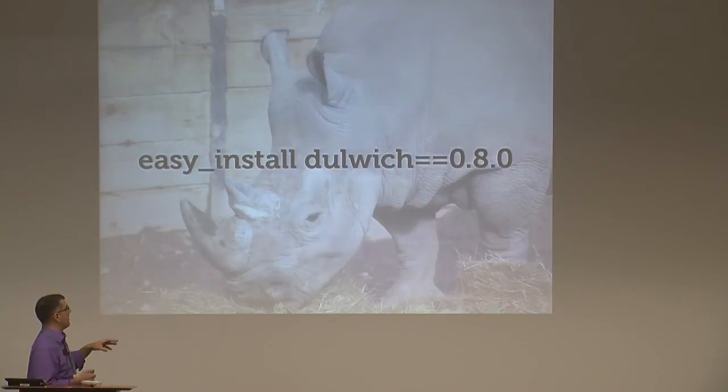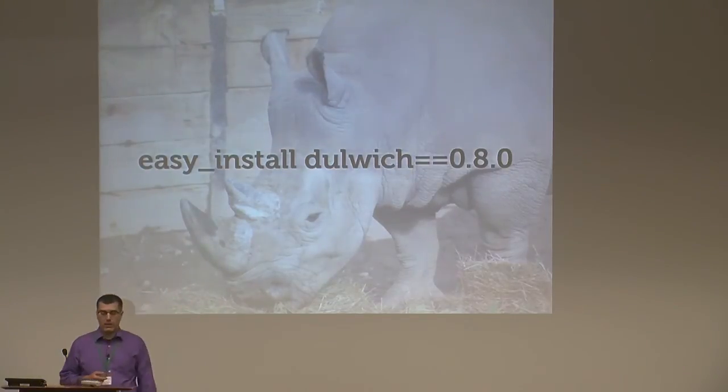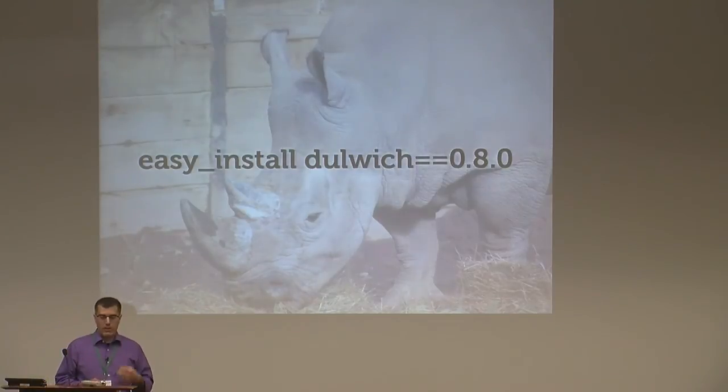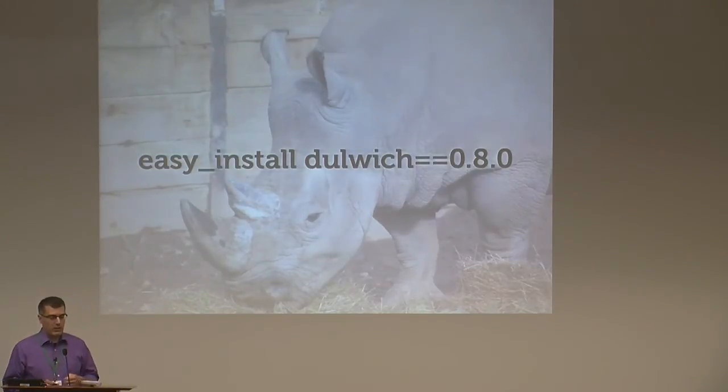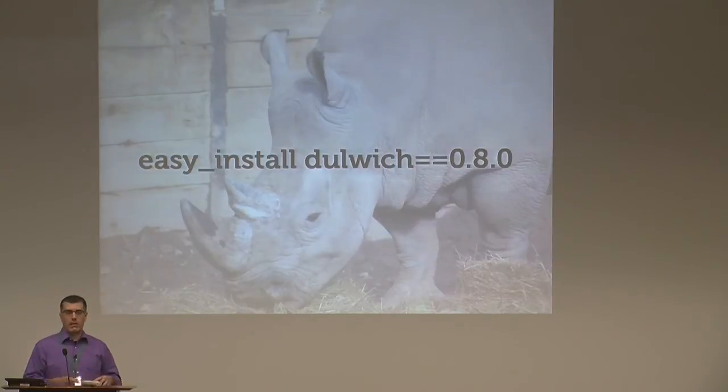So we need to have the package name, Dulwich in this case, and then we can also specify exact or relative versions. So I'm going to say equals 0.8. We normally run easy_install with sudo, but if we run this command in an installer, the installer can prompt for its own authorization, because we've all seen that, where the authorization services dialog pops up.